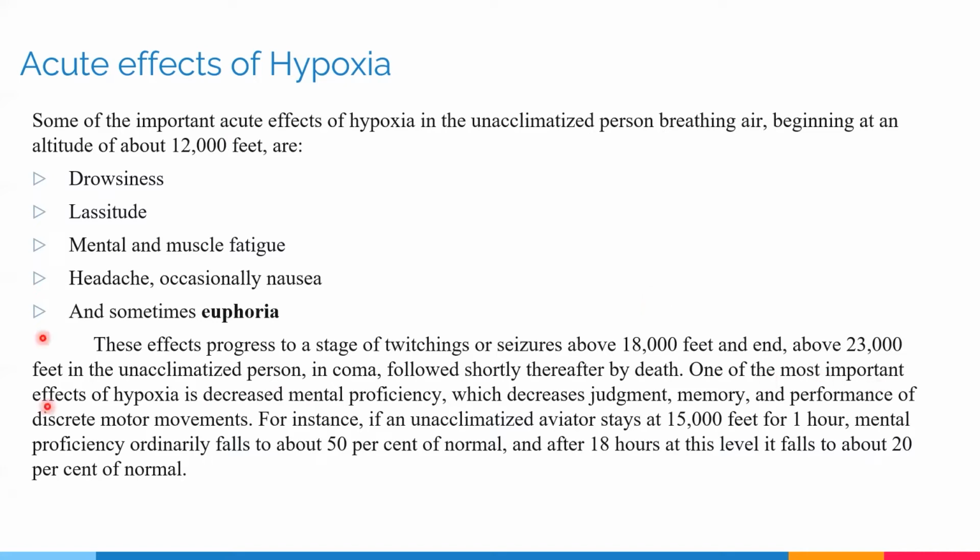One of the most important effects of hypoxia is decreased mental proficiency, which decreases judgment, memory, and performance of discrete motor functions. For instance, if an unacclimatized aviator stays at 15,000 feet for 1 hour, mental proficiency ordinarily falls to about 50% of normal. And after 18 hours at this level, it falls to about 20% of normal.